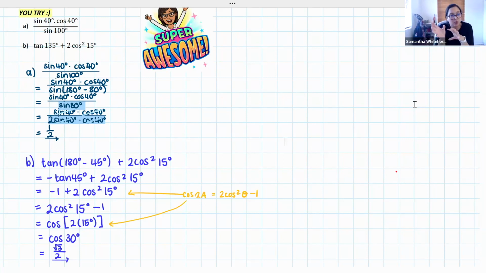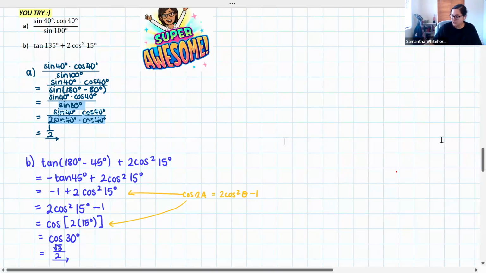The 2 cos squared also should have given you an idea that it was a double angle, because you should have somewhere in the back of your mind, or if you've got your formula sheet in front of you, the knowledge that one of your cos double angle identities contains 2 cos squared theta. And so again, it's all that manipulation that you need to do in order to eventually get there.